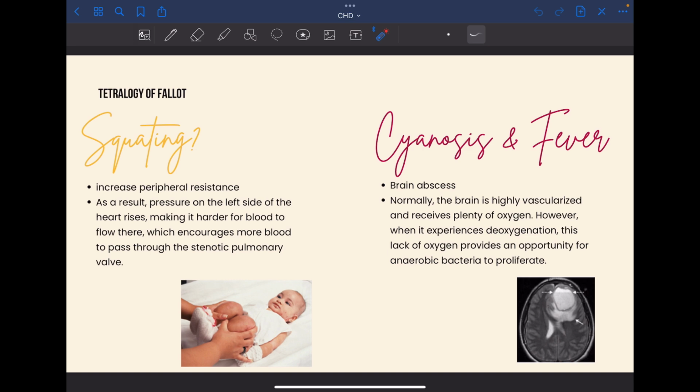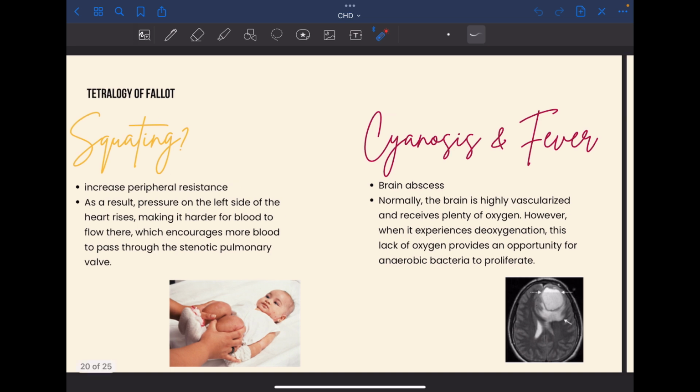In cases where there is deoxygenation and a low supply of oxygen to the brain, this will cause anaerobic bacteria to proliferate, and so tetralogy of Fallot will present with cyanosis and brain abscess, which will cause the fever. This might be seen in certain infants. They will also present with brain abscess because of the low oxygen that goes to the brain and the cyanosis that is resulting from the defect.